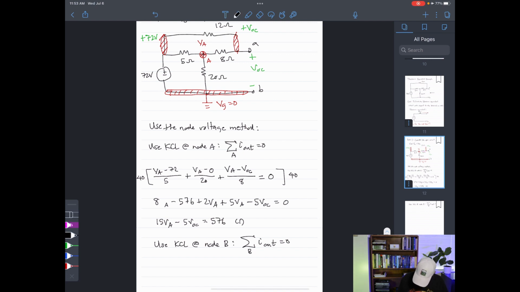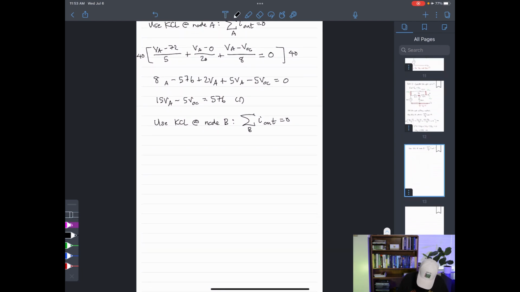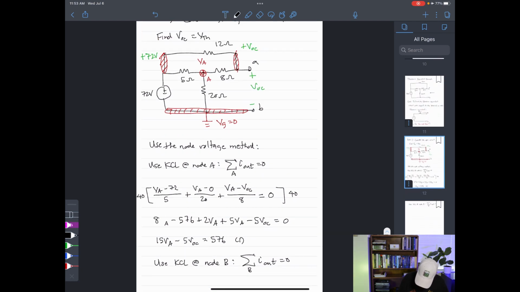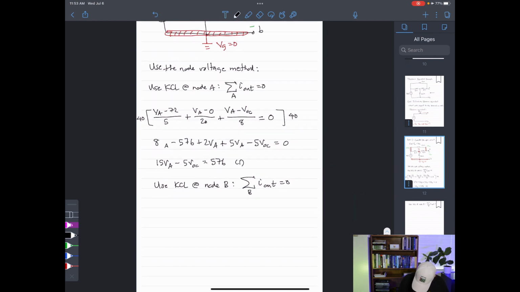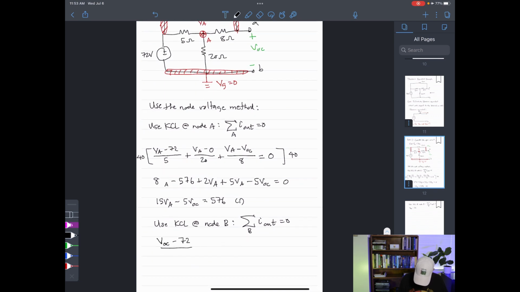So here, at this particular node, let's write down the node voltage equation for this branch, and that is VOC minus the 72 volts on the opposite side that is flowing through the 12 ohm resistor.